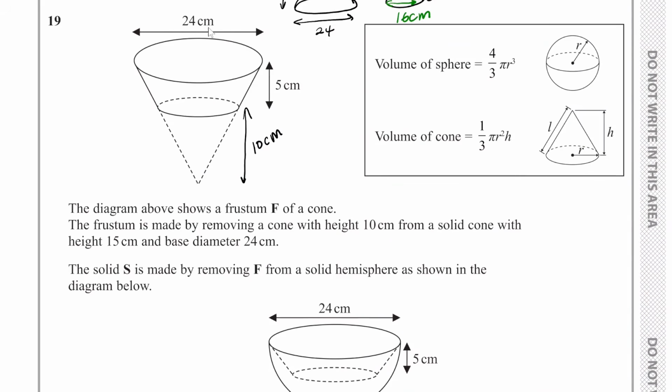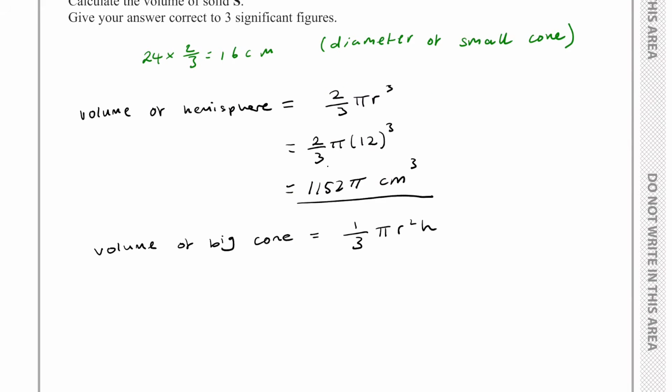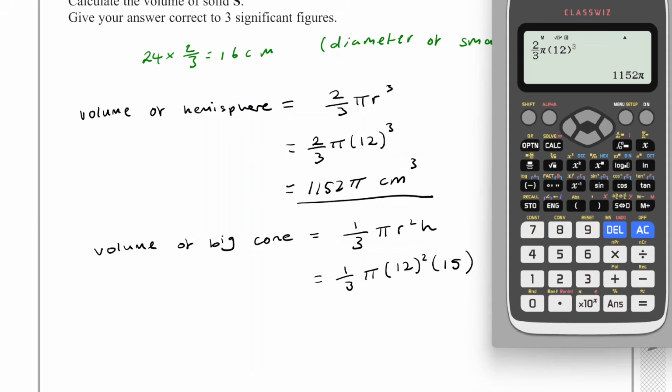And for the big cone, the radius is 12 and the height is 15. So it's 1/3 of pi times 12 squared times 15. Again, just type that into the calculator.